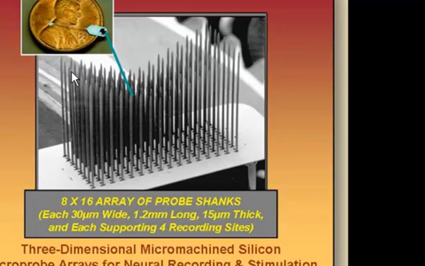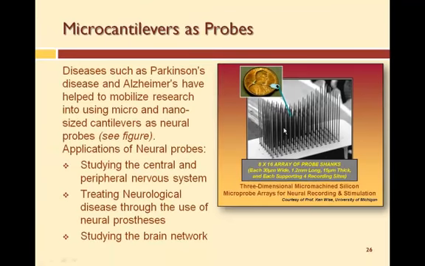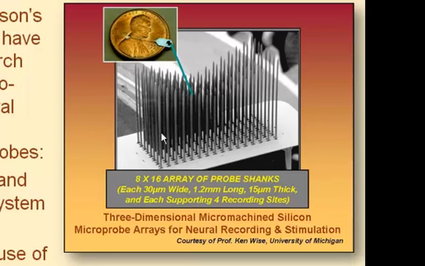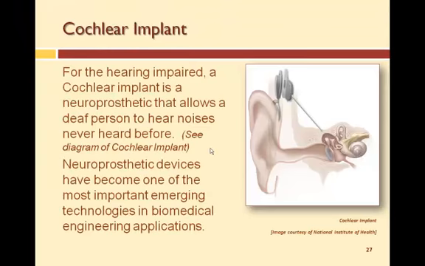This picture is actually a scanning electron microscope picture of a probe array that's on the end of this small device here. Okay. So each one of these shanks is about 30 microns wide and 1.2 millimeters long. So it's an 8 by 16 array. And that's so you can both detect and actuate specific parts of the brain in a very small region.